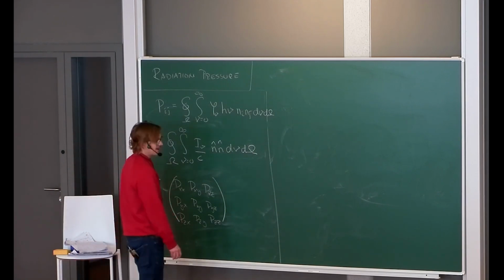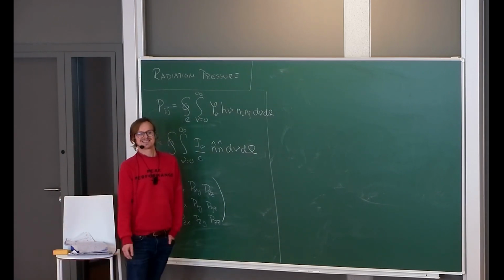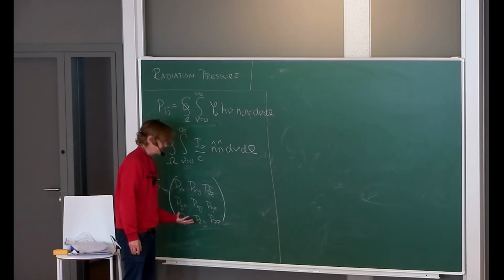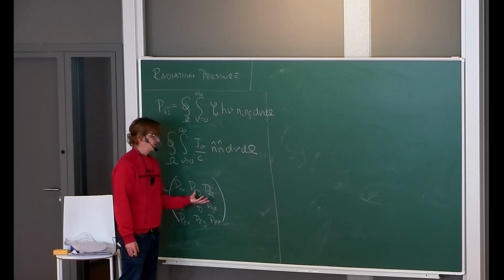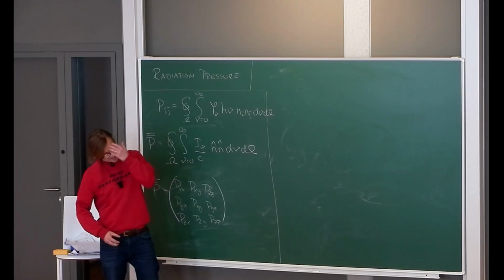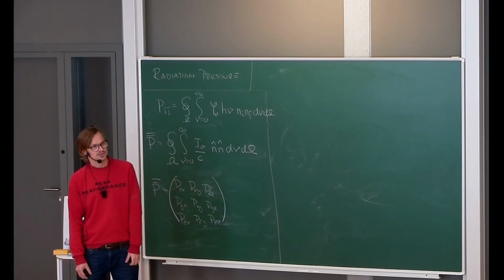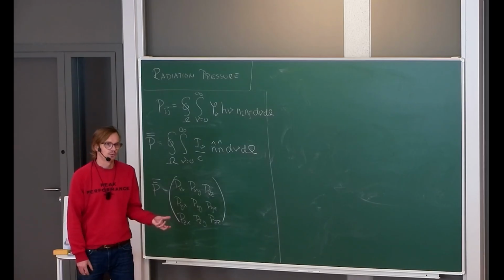We will come to actually now when this is the case and when this is not the case. When you have what I called photon viscosity, then the non-diagonal terms are non-zero, okay? And that happens in fully three-dimensional media. Like I said, typically those terms are small.